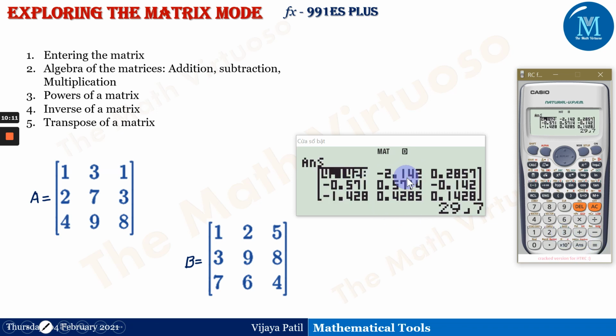So this is Mat A inverse. Now what is this number? This is 14.1428, which is nothing but 29 by 7. Let me just go ahead with the next number. It is minus 2.142, which is nothing but minus 15 divided by 7.